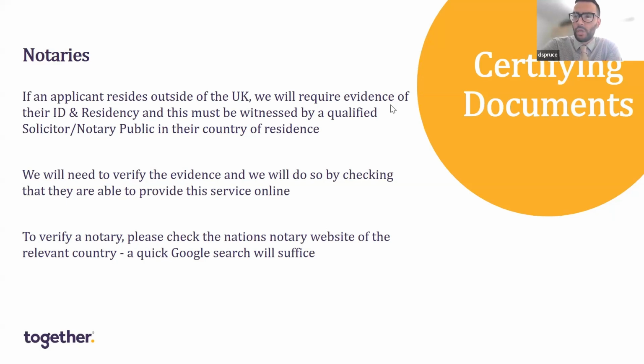Notaries, some of you may not be as familiar with notaries, but it is as simple as putting it into Google, notary for whichever country they reside in, and they'll give you a list of notaries. And then literally, as Hannah said, get the solicitors to witness the form off My Broker Venue, ID and residency. They go there, they witness the documents, and that can be provided. Also, they'll need a UK solicitor, so depending on where the security is, an English and Welsh solicitor or a Scottish solicitor, but that accompanies the documentation that we'll need on day one.